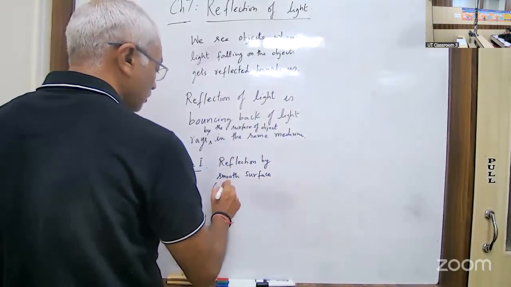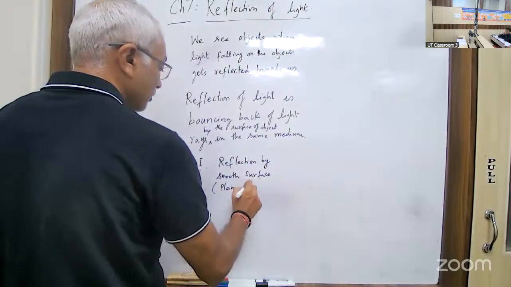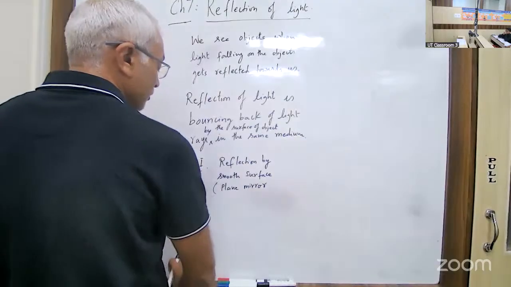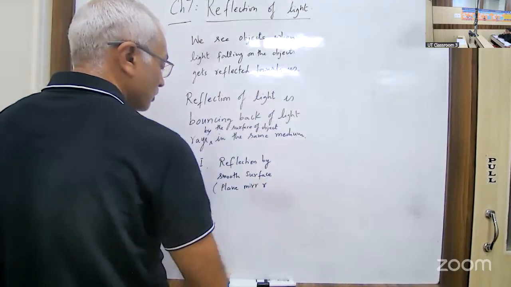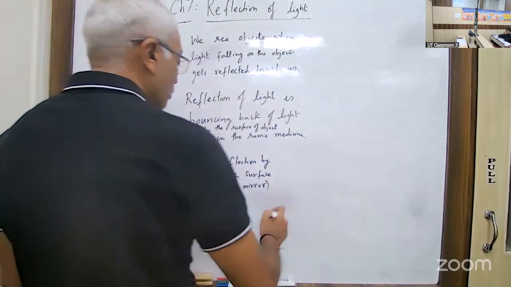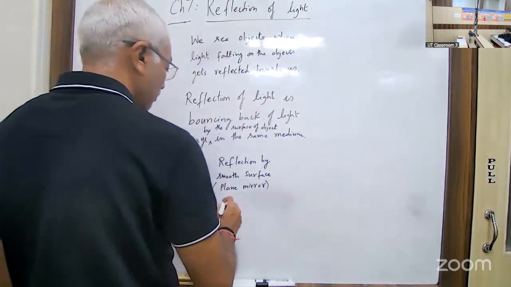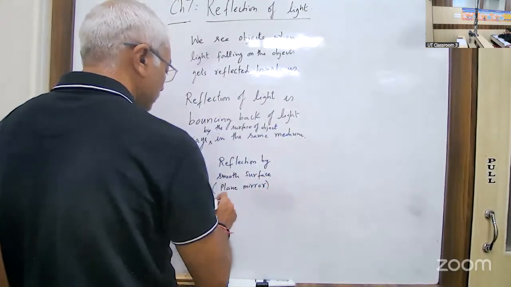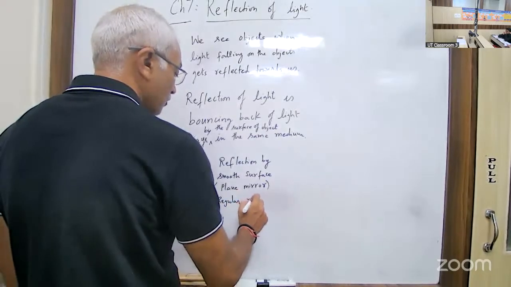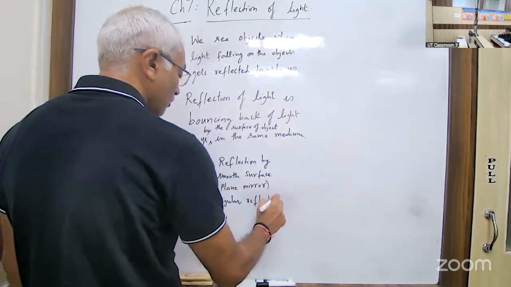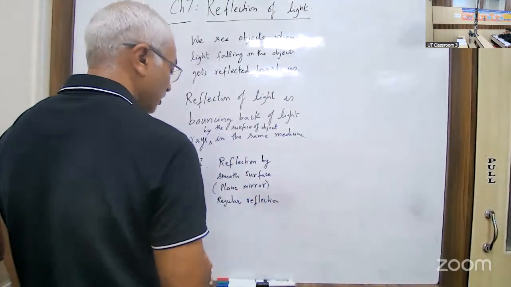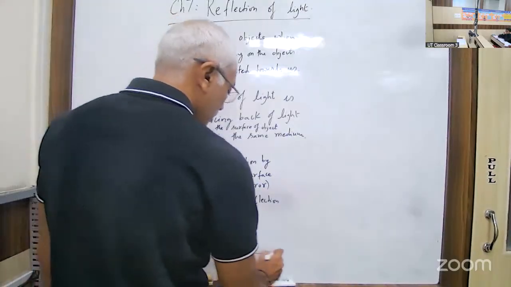A mirror. It is also called regular reflection. There are different types of reflection, regular and irregular.